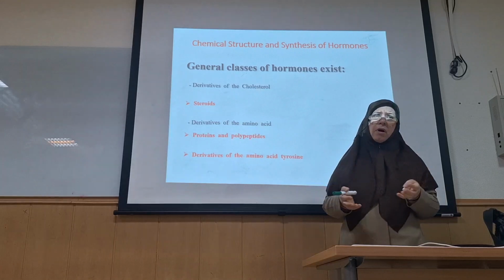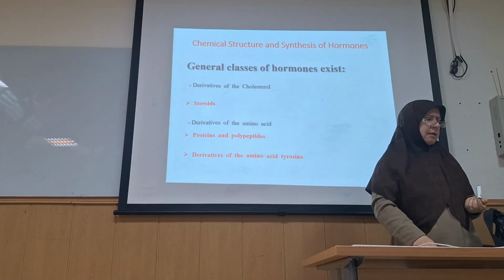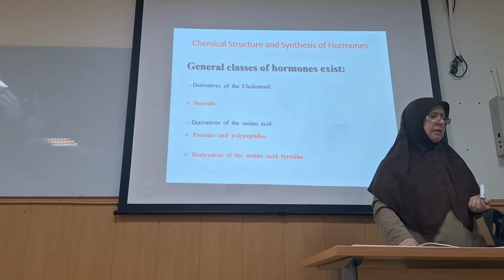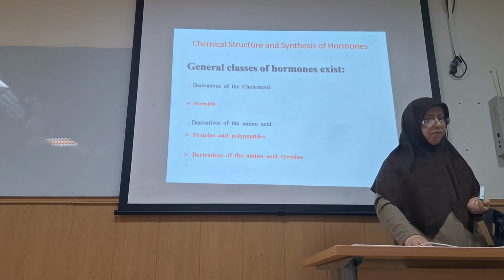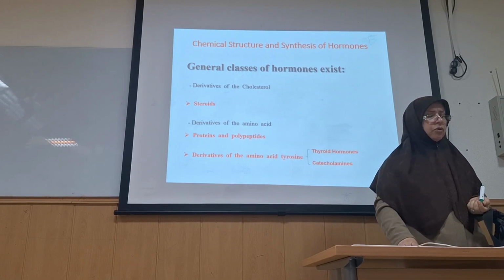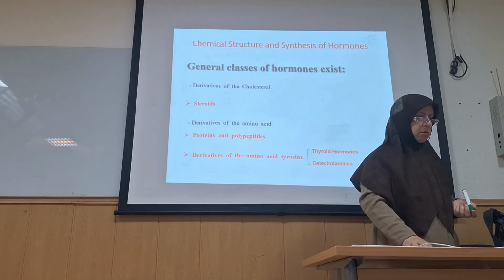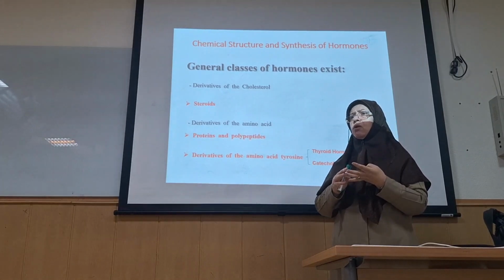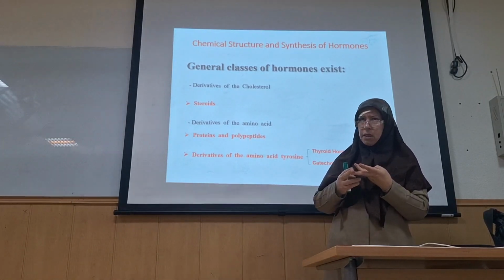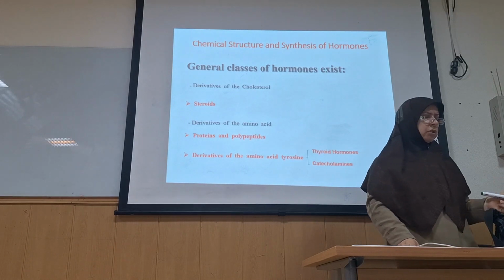So many of our hormones are proteins. And derivatives of the amino acid tyrosine: thyroid hormones and catecholamines. Catecholamines, for example, epinephrine, norepinephrine, dopamine. And thyroid hormones, T3 and T4.